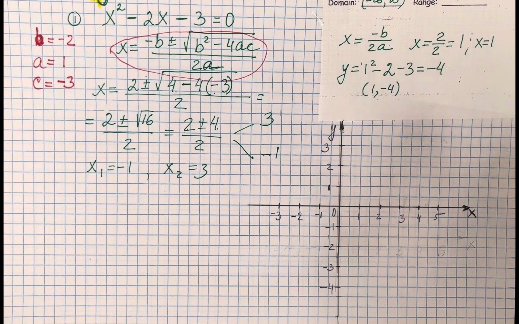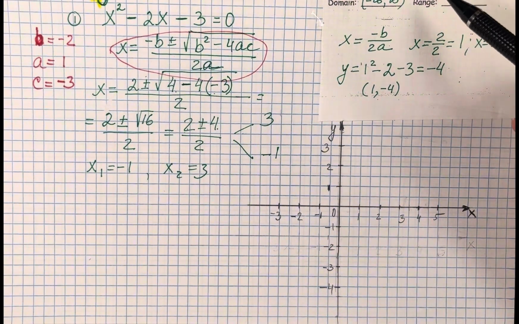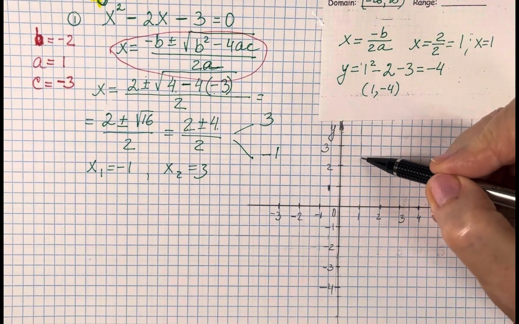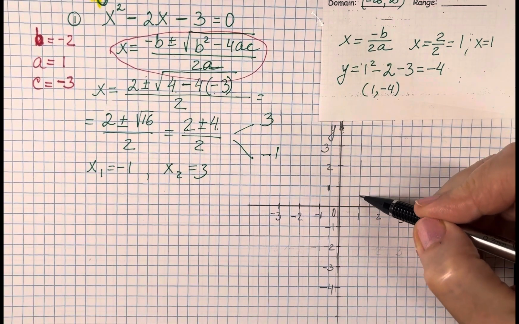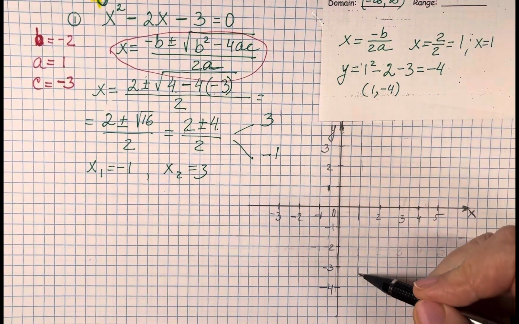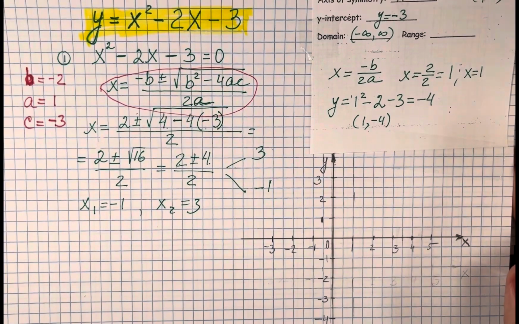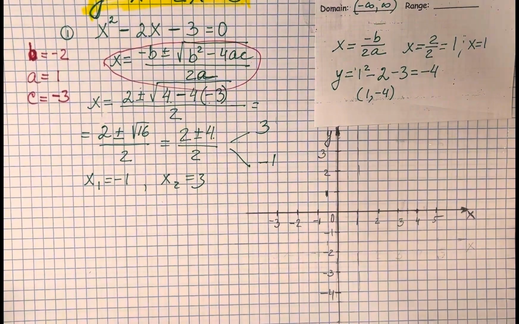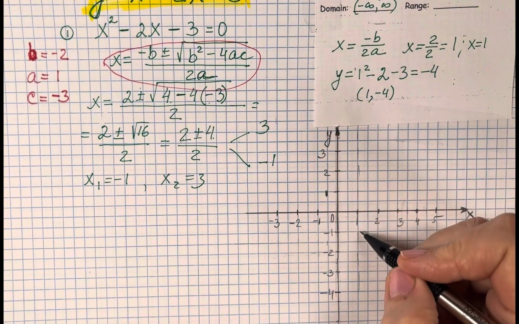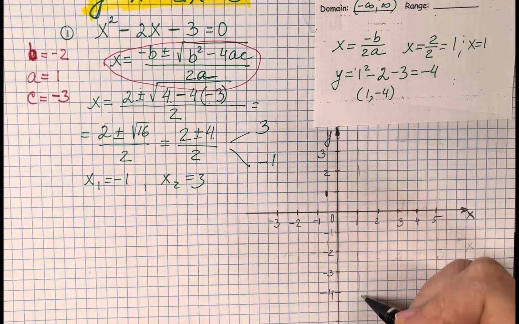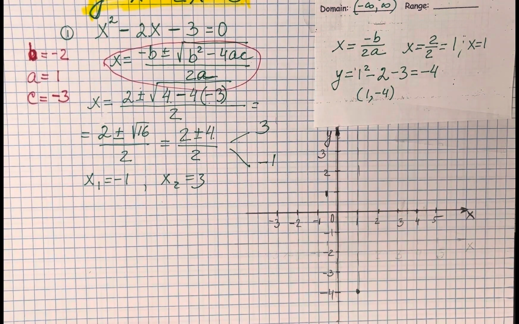So first we start with the axis of symmetry, x equals 1. We can make that a vertical line, the axis of symmetry. So the vertex, remember we found the vertex at the point (1, -4). 1, 2, 3, 4. So that is our vertex.